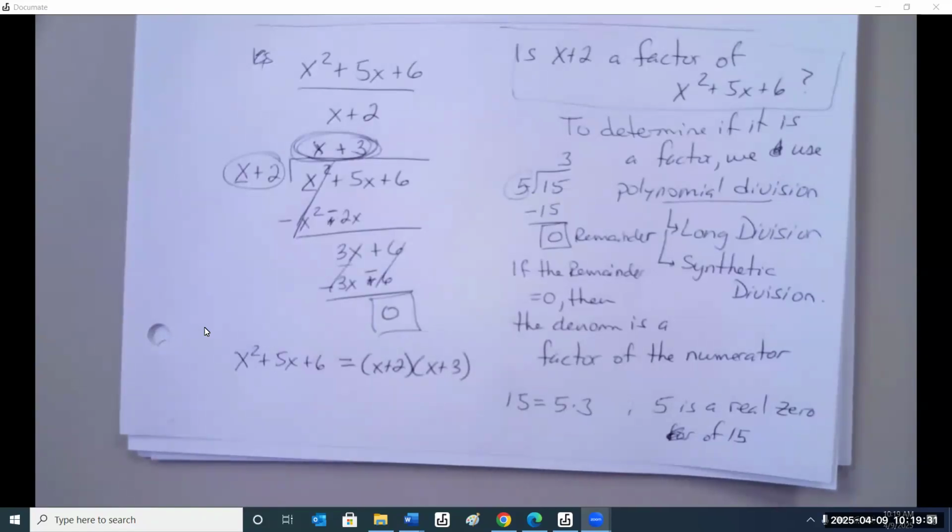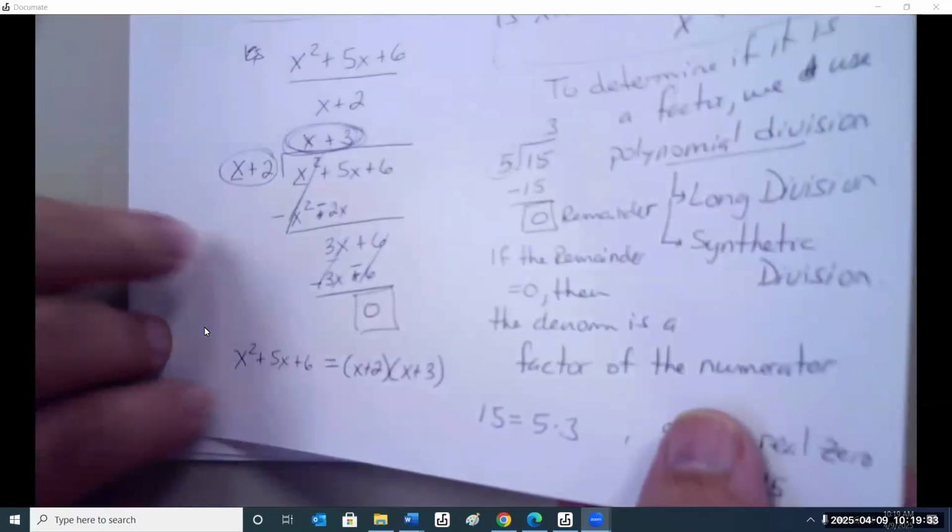Make sense? So let's look at an example here.